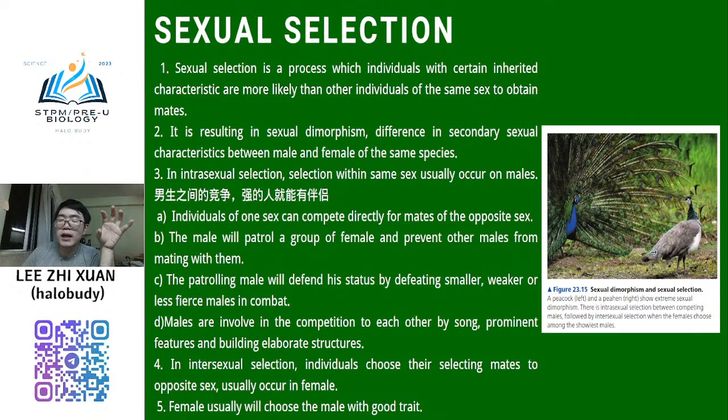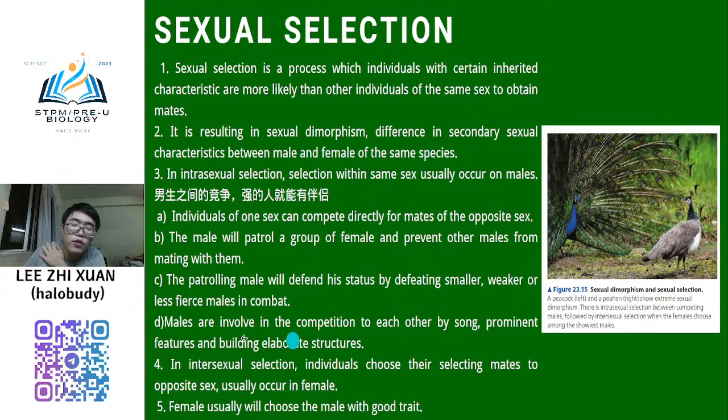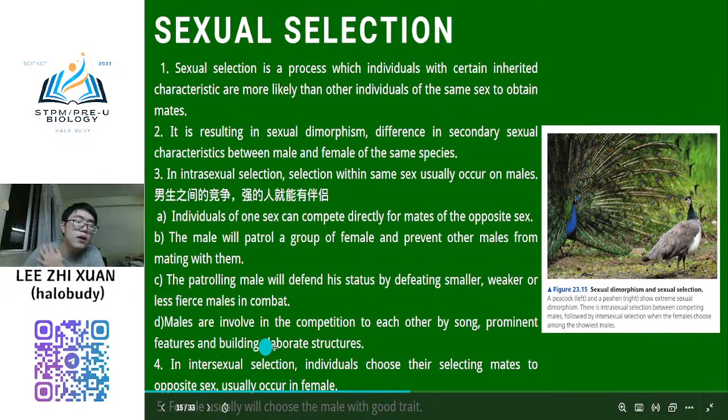Kalau ada lain lelaki nak kawan dengan girlfriend awak, memang dia akan halang punya. Memang tak boleh punya. Okay, and then males are involved in competition with each other by song, prominent structure, building elaborate structure. So in intersexual selection, individuals choose their mate of the opposite sex, usually occurring in female.